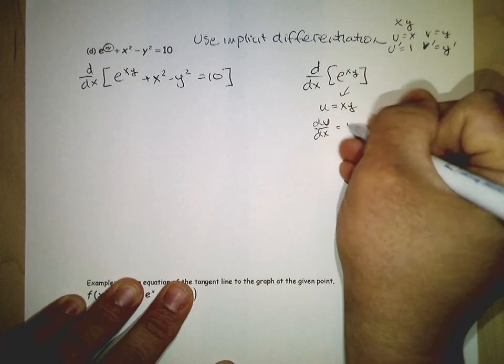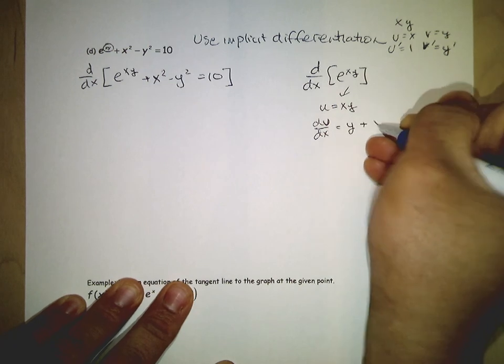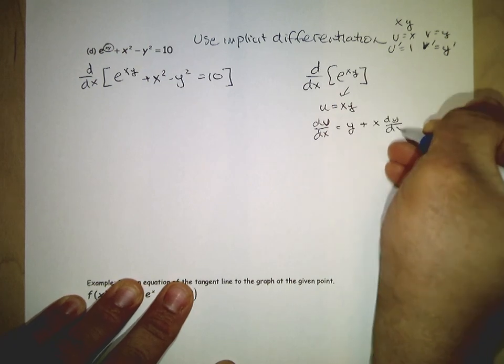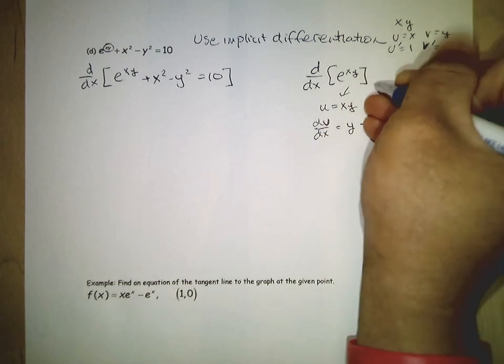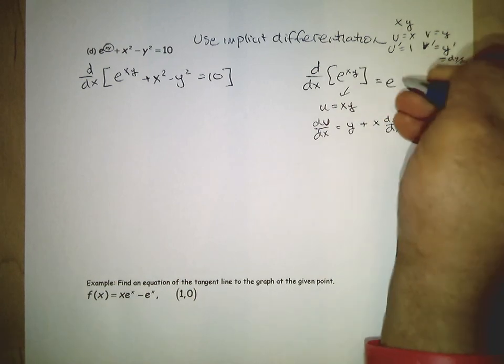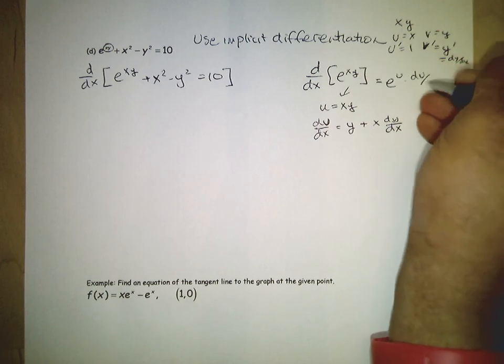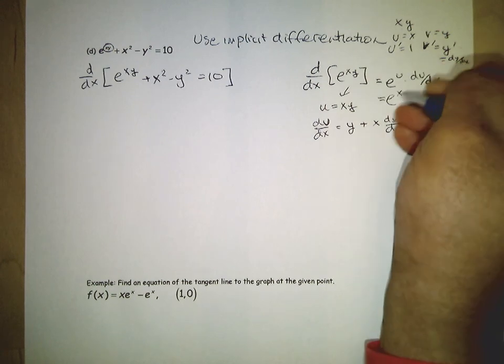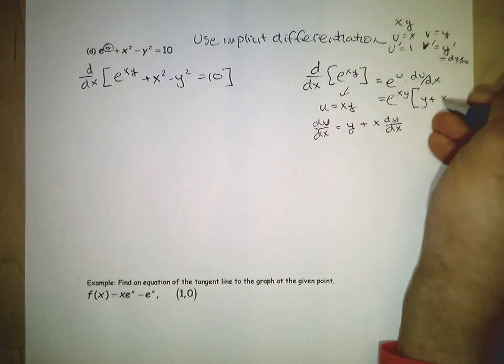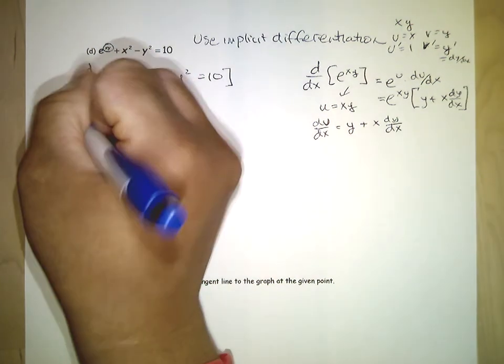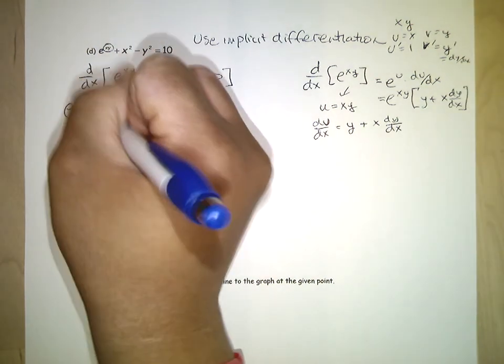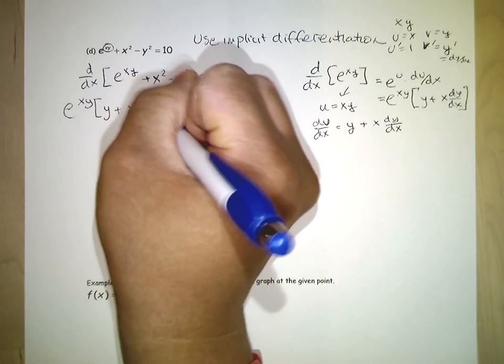So this is y plus x dy/dx. All right, so this is e to the u du/dx, or e to the xy times y plus x dy/dx. So this derivative becomes e to the xy times y plus x dy/dx.